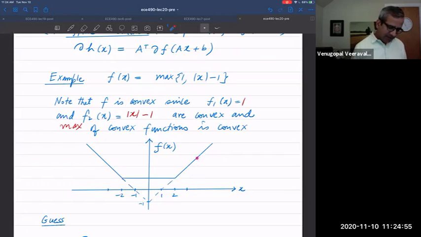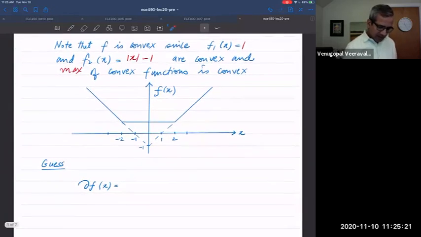Above 2, the gradient exists and equals 1, so it has to be 1. So the only points at which you have non-unique subgradients are -2 and +2. And at -2 and +2, from this plot, you can see that the subdifferential at +2 should go all the way from 0 to 1, and the subdifferential at -2 goes from -1 to 0.